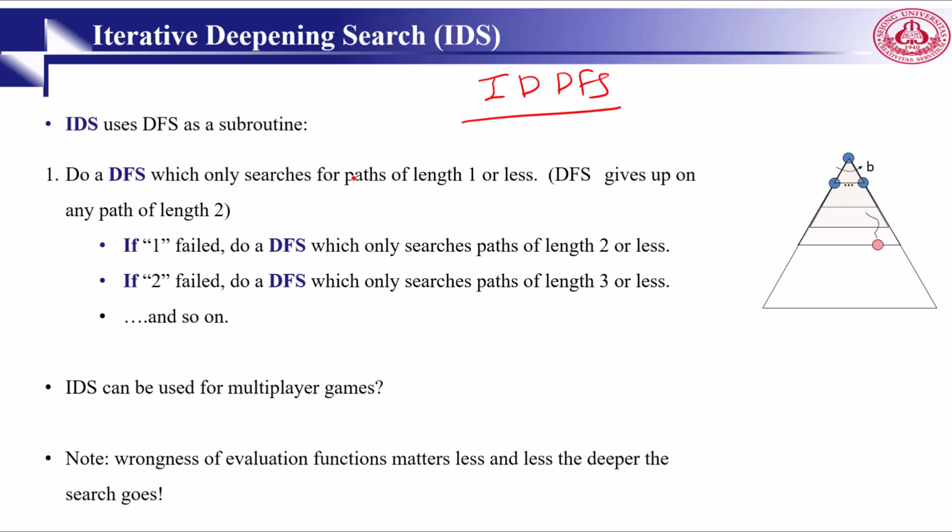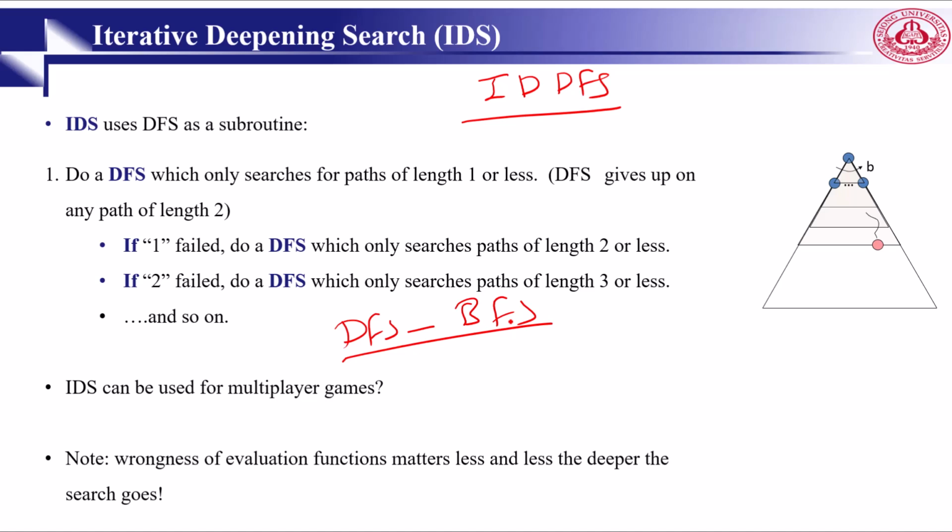IDS combines DFS space efficiency and BFS fast search for the nodes closer to the root. How it works: IDS calls DFS for different depths starting from an initial value. In every call, DFS is restricted from going beyond a given depth. So basically, we do DFS in a BFS fashion.